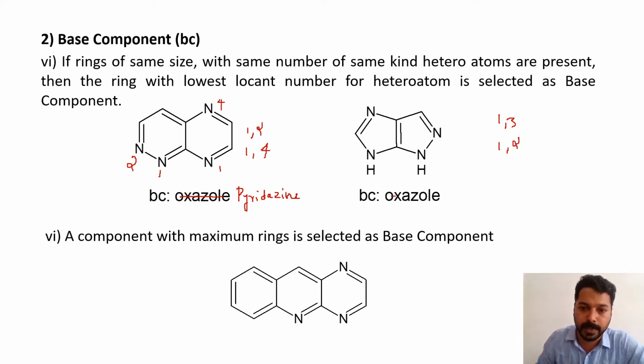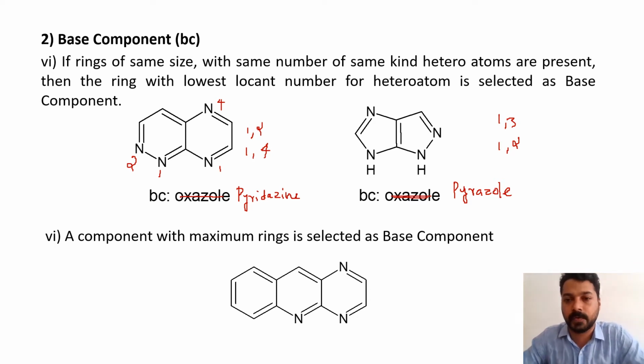So the base component will be pyrazole, because it has the lowest set of numbers with respect to the heteroatoms. Pyrazole will be the base component and imidazole will become the attached component.